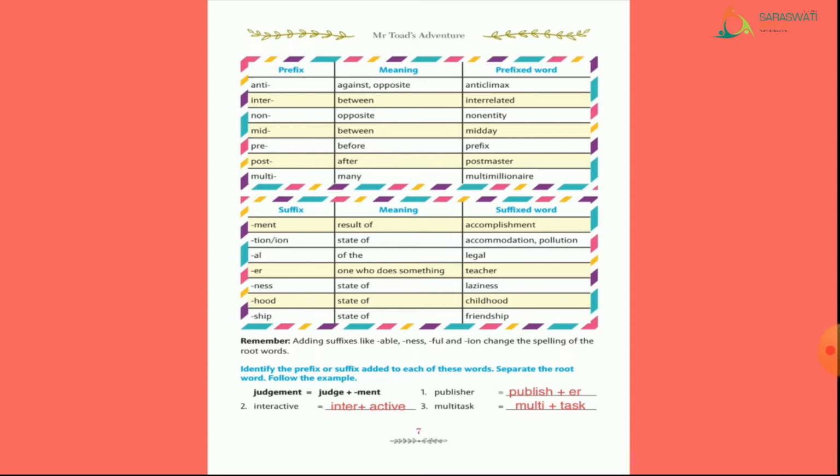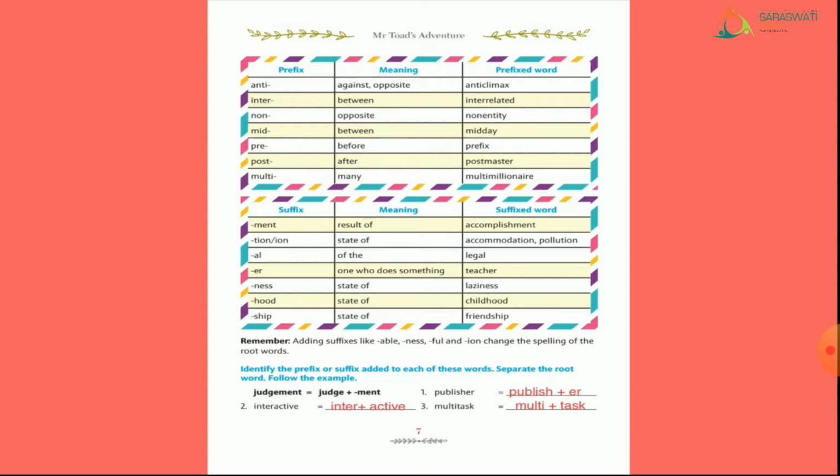For example, interrelated, something which is related in between. Non. Non means opposite of something. And mid. Mid means between something. Pre. Pre means before. Post. Post means after.